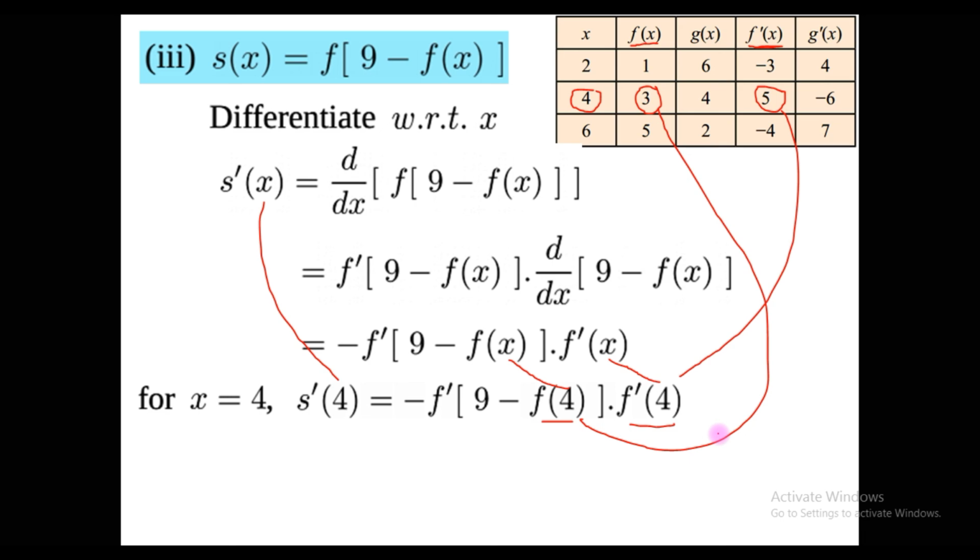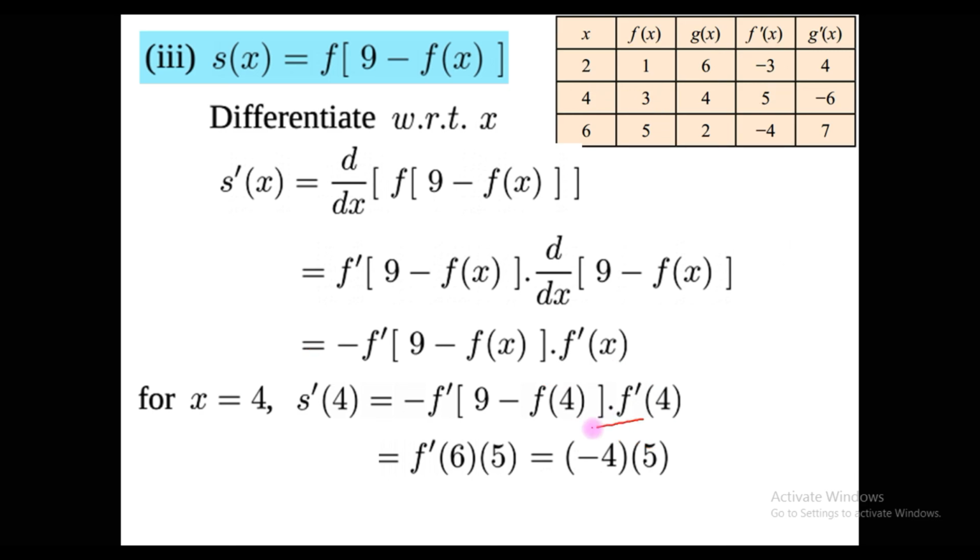So let's use these values over here. F dash of 4 is 5. Now what was f of 4? As I said, f of 4 is 3. If 3 is kept over here, 9 minus 3 is 6. So this term has become f dash of 6 now.